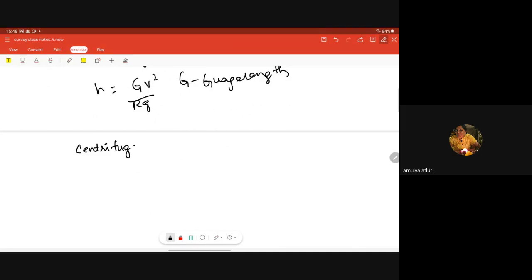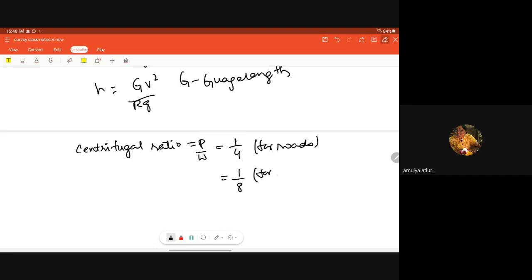Centrifugal ratio, sorry. Generally, if the centrifugal ratio is not given, this P by W is 1 by 4 for roads, 1 by 8 for railways.